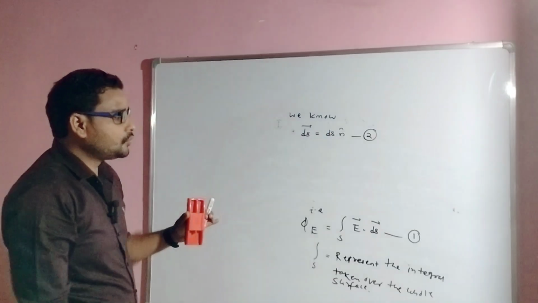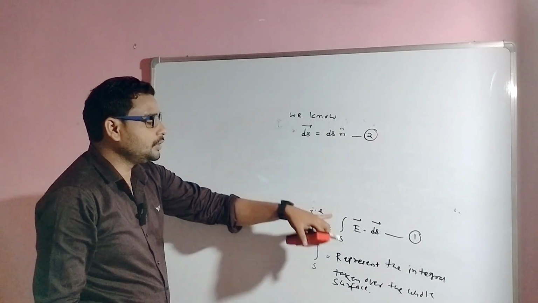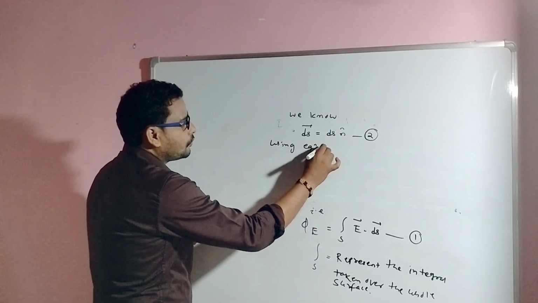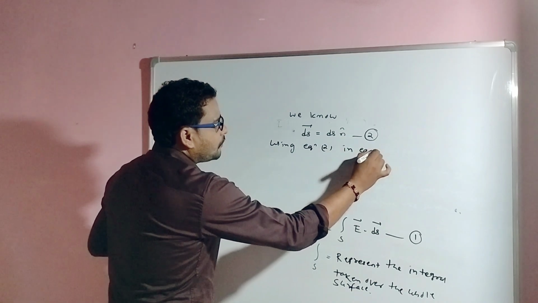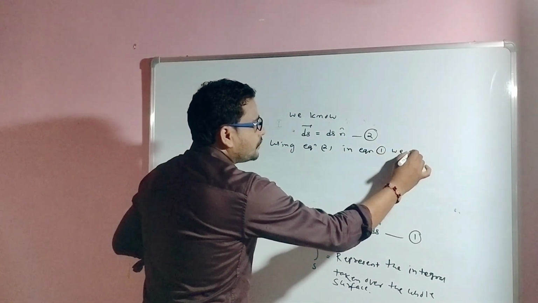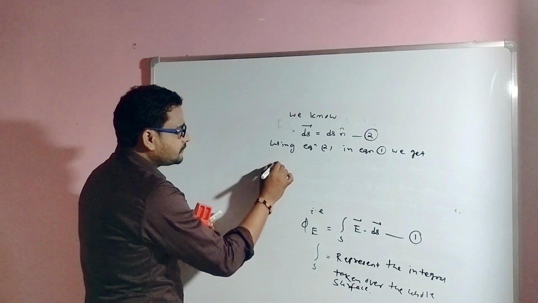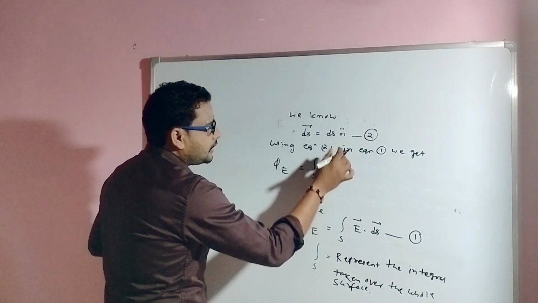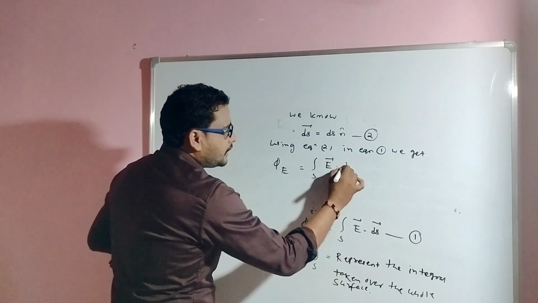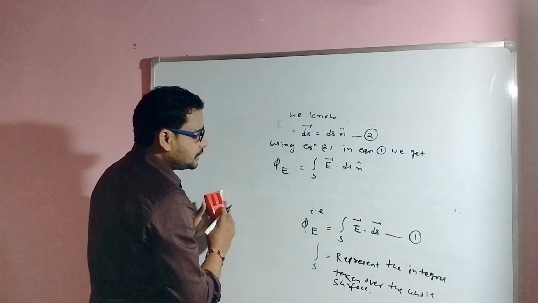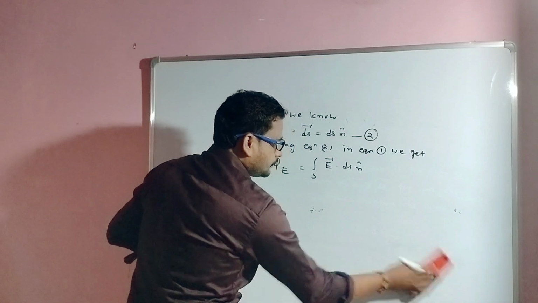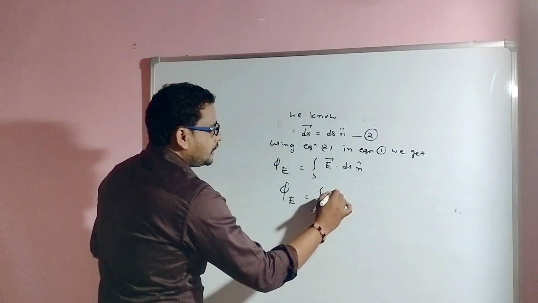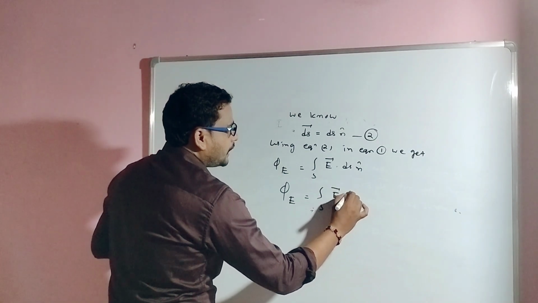Now using equation 2 in equation number 1 we get phi e is equal to integration s E vector dot ds into n cap. Then phi e is equal to integration s E vector dot n cap ds.